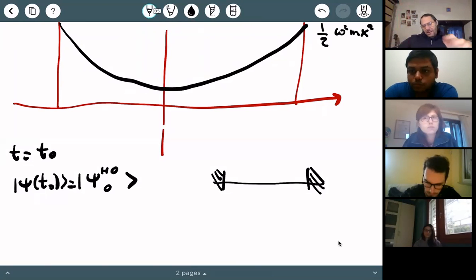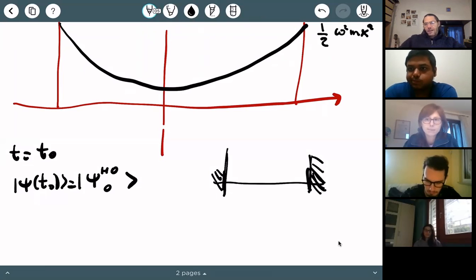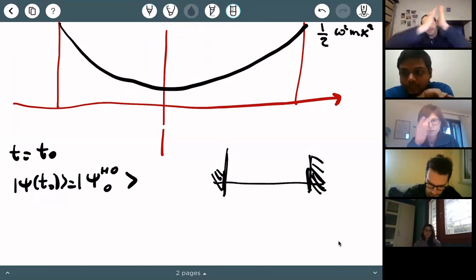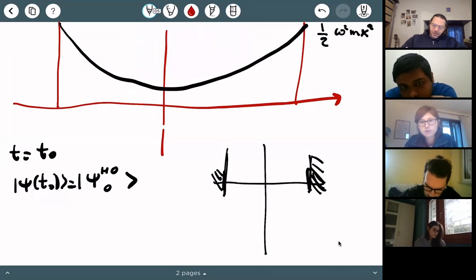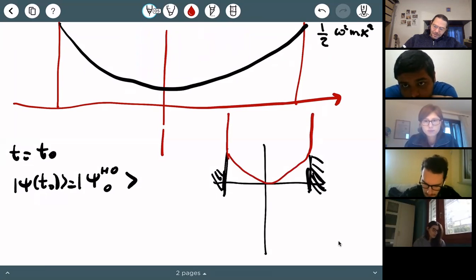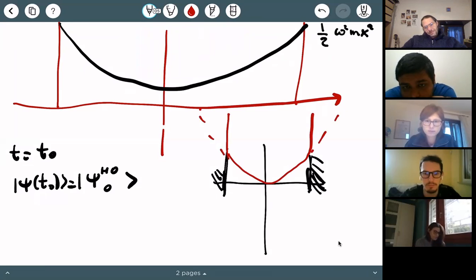Maybe there's a kind of very hard wall interaction here that in reality is smooth, but very steep. So if I were to plot this potential and look at it for a large distance, it would look like this, not like this. Okay?